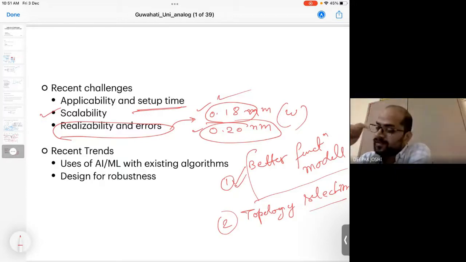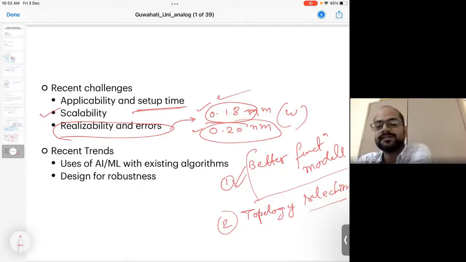That decision of the selection of topology can be made with the help of machine learning or other learning algorithms.